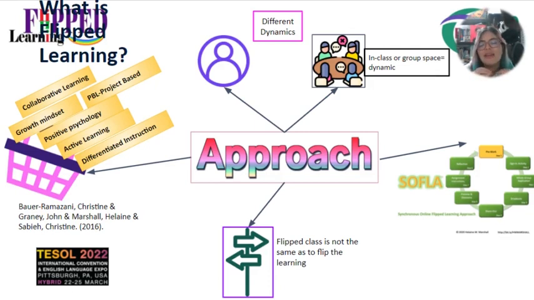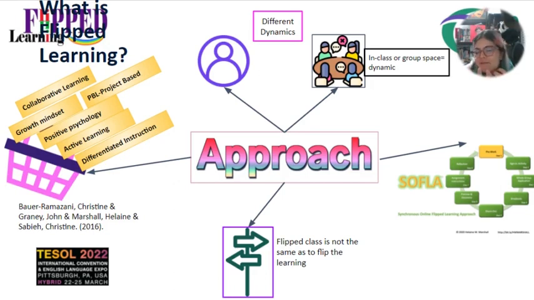We think that flip learning is a method or an approach that gathers many other methodologies such as PBL, collaborative learning, positive psychology, active learning, differentiated instruction. So it's like a little basket of treats for us because you have that inside of a class that is flipped or within a whole flip curriculum.